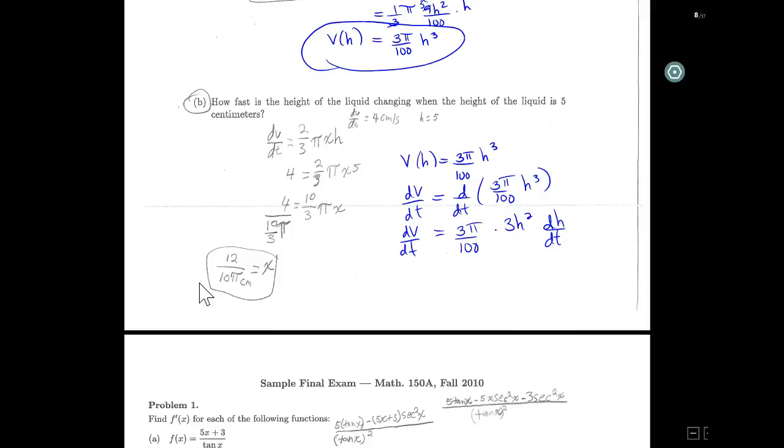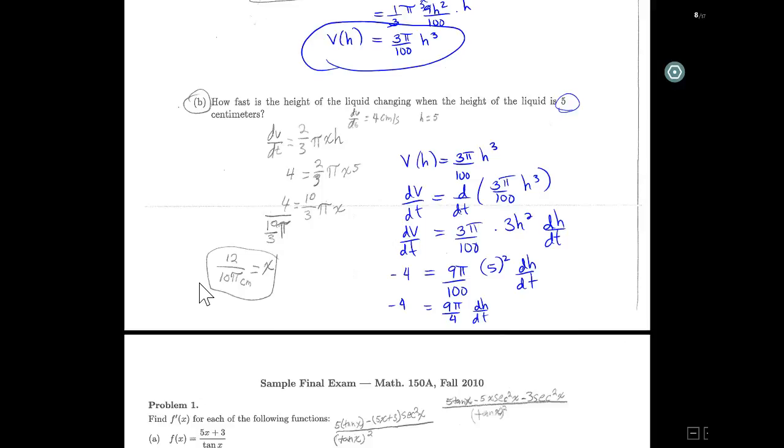Now dh/dt is actually what I'm trying to find. I'm going to plug in the height, which is 5, and I know dV/dt. I'm going to put -4, because remember that was a negative rate. So I have 9 pi over 100 times 5 squared dh/dt. 9 times 25 divided by 100 gives 9 pi over 4 dh/dt equals -4.